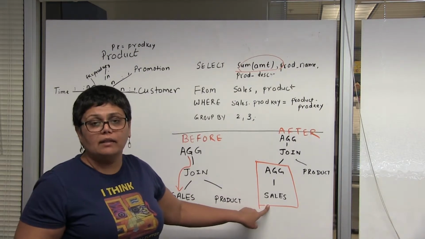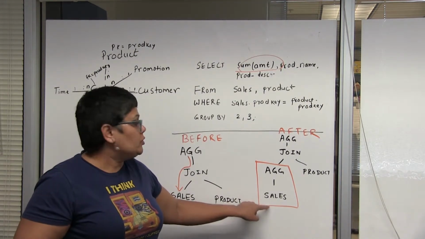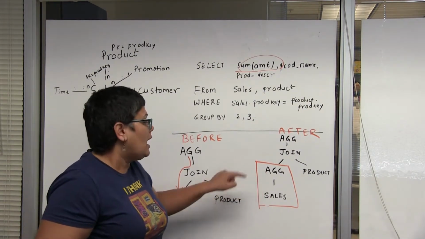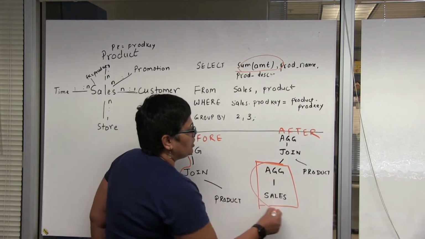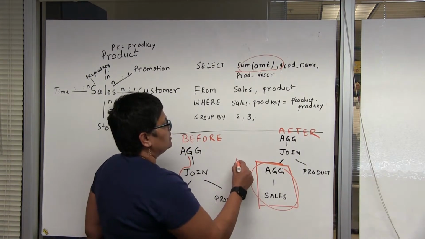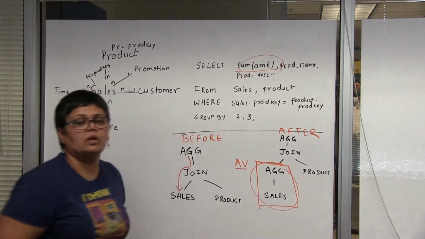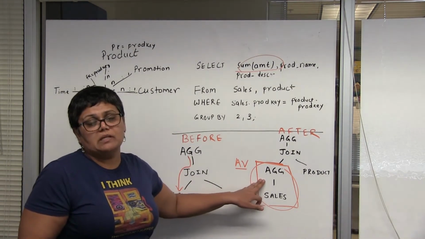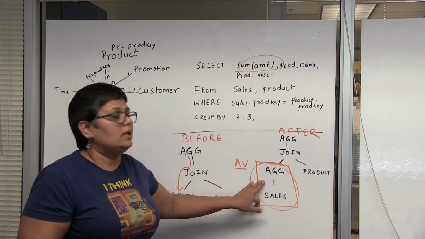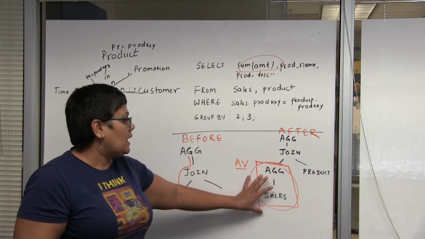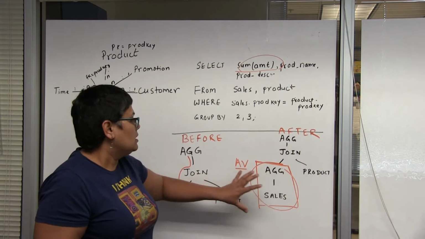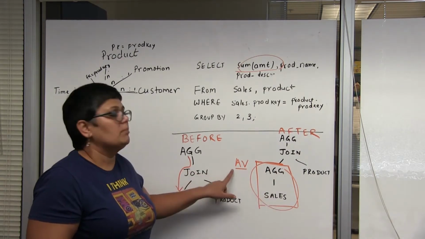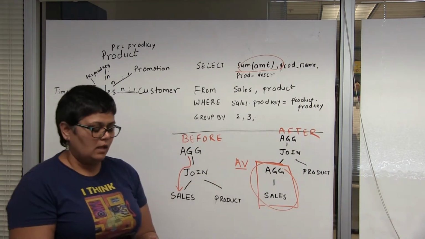You could have created an analytical view that has pre-computed some of the aggregations, and essentially this box can be replaced by an analytical view. And what's even better, it's not the user that's doing this optimization. ArcEngine is transparently going to look for suitable analytical views and replace the aggregation of sales by the analytical view.